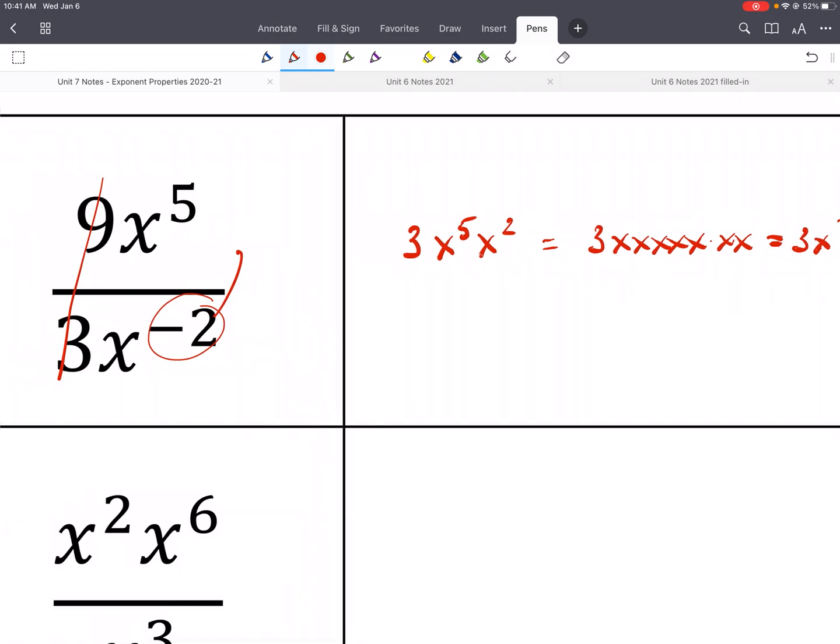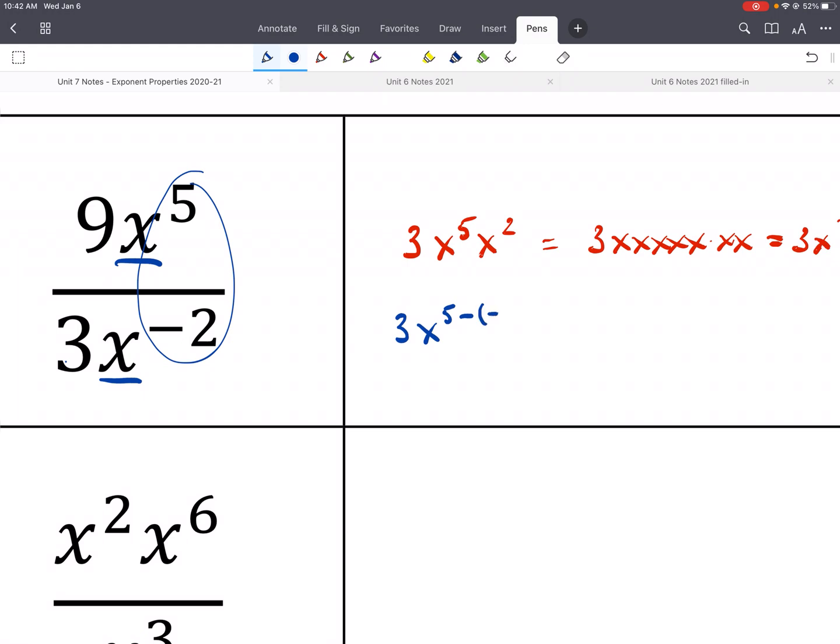If you don't want to expand, okay, then we can just use that subtraction rule. So if we're dividing like bases, then we just subtract them. So we still have this 9 divided by 3 is 3. And then we do x to the 5 minus, since they're being divided, we subtract.